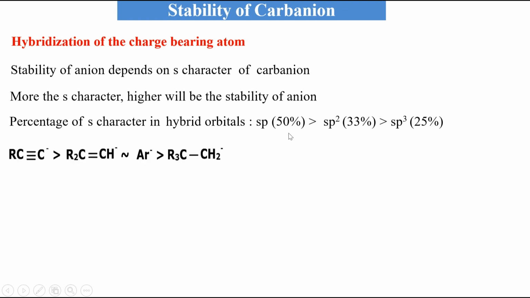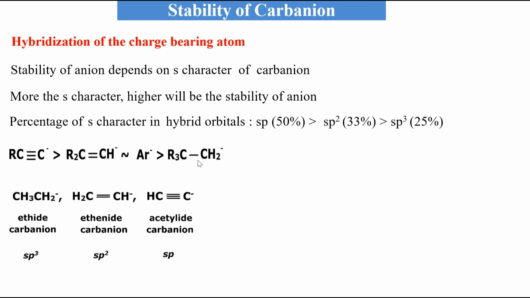The sp hybridized carbon is the acetylene carbon. If it has a carbanion, the acetylene carbanion is more stable than the ethene carbanion, which is more stable than the primary, that is the sp3 carbanion. Why is this so?